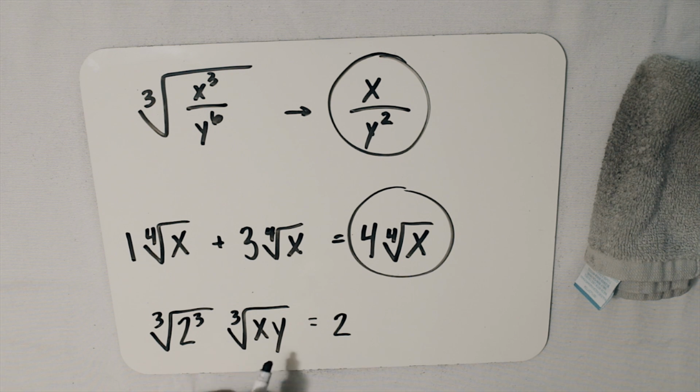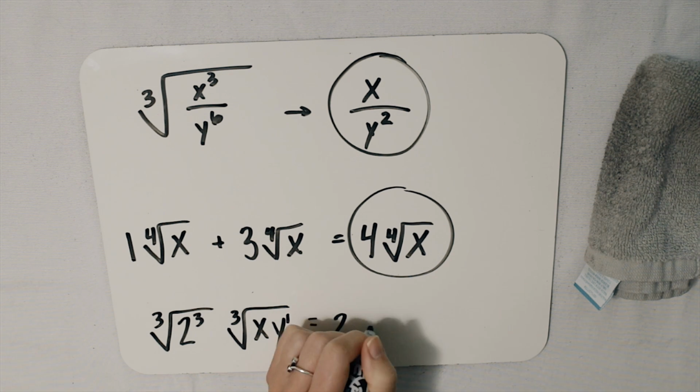Now we don't know what x and y are, and all we know is that we can assume they have exponents of 1. So we're going to change this from being inside of a radical to having a fractional exponent. Whatever the exponent is on the inside becomes your numerator, and your root index becomes your denominator.